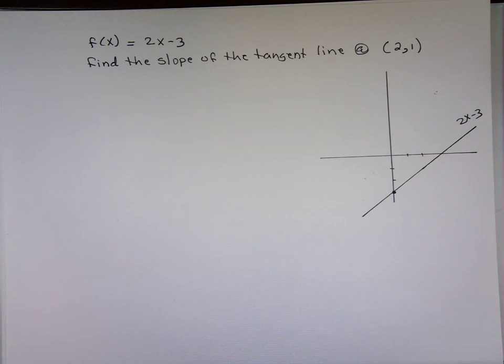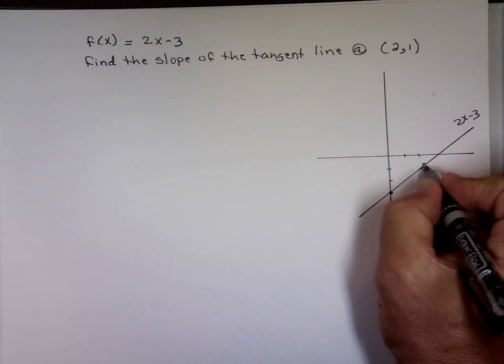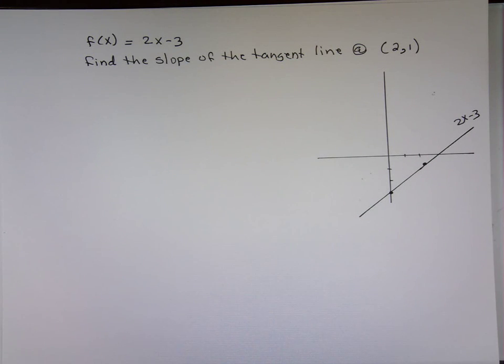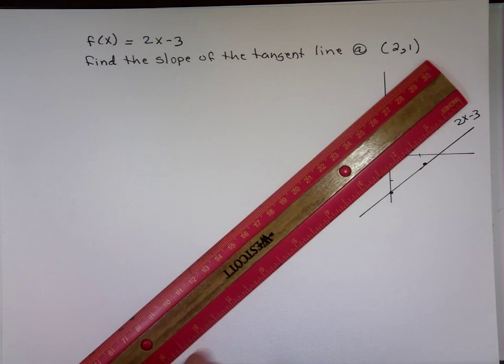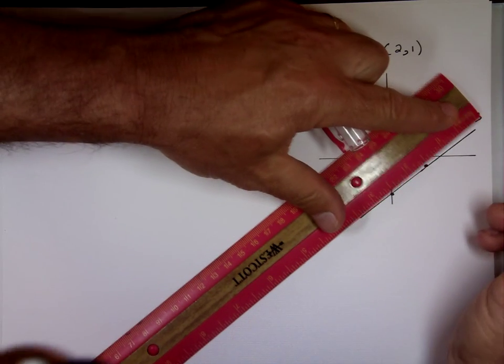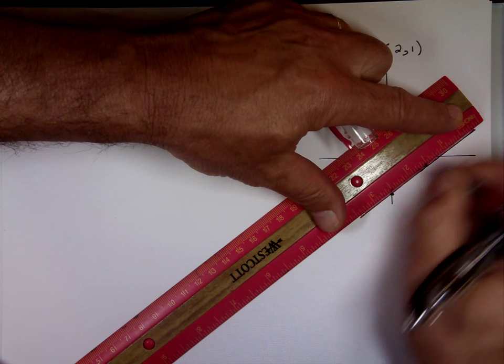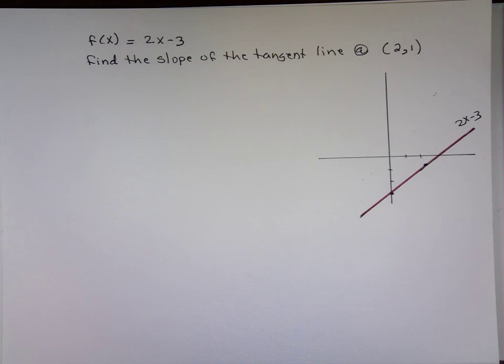So we're saying, what is the slope when x equals 2? This is x equals 2. Draw a tangent line. Well, a tangent line for a straight line is going to be the same line. I'll just make it a hair above it so you get to see both lines. That's the tangent line. What is the slope of that line?